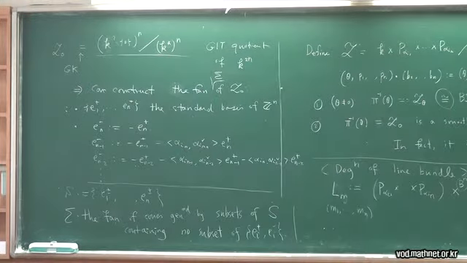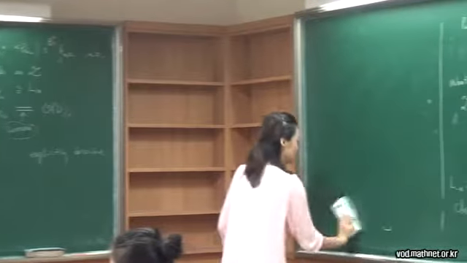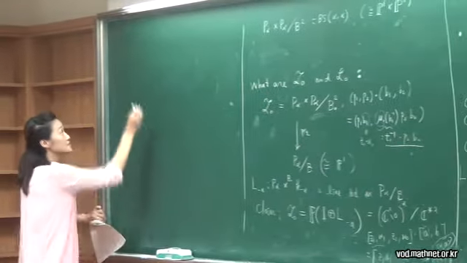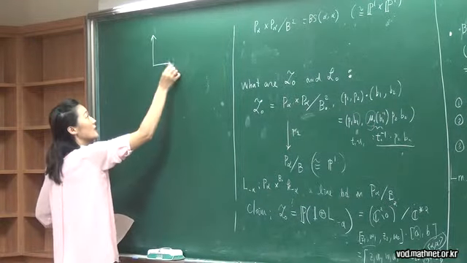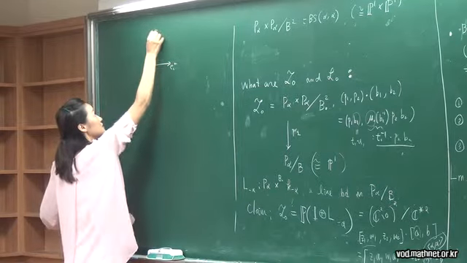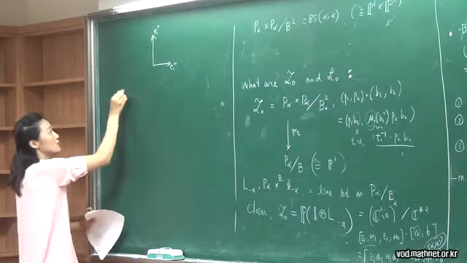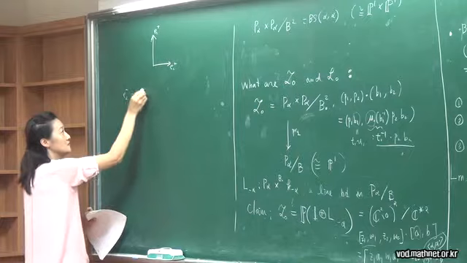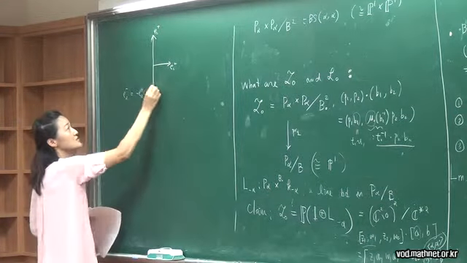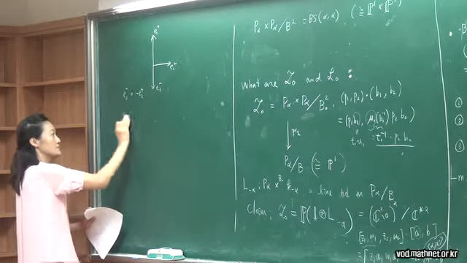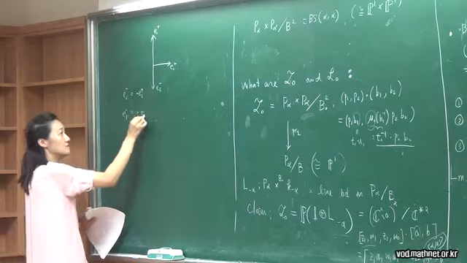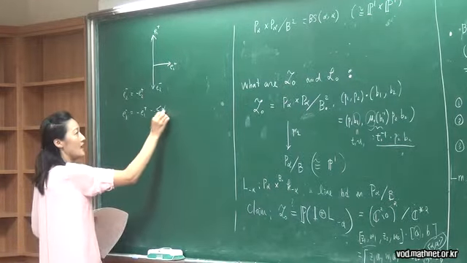So let's do it here. So we have E1 plus, E2 plus, and E2 minus is just the negation of E2 plus, and E1 minus is minus E1 plus minus alpha check.